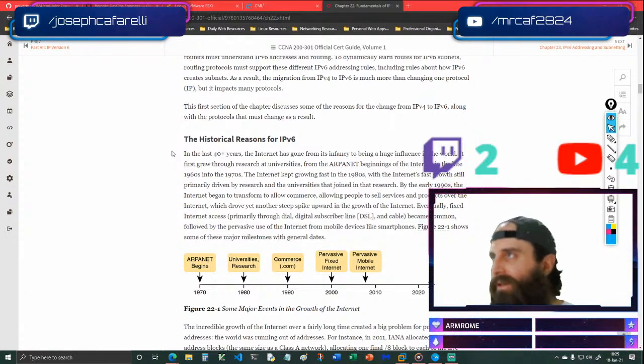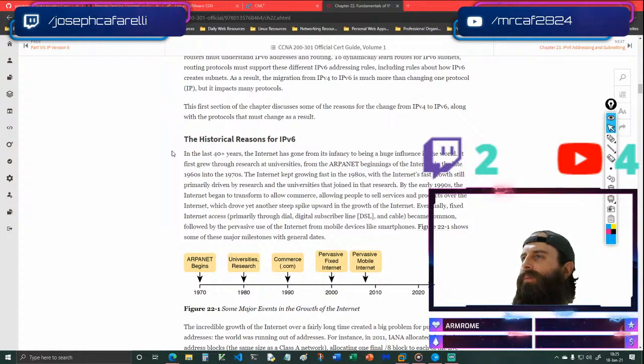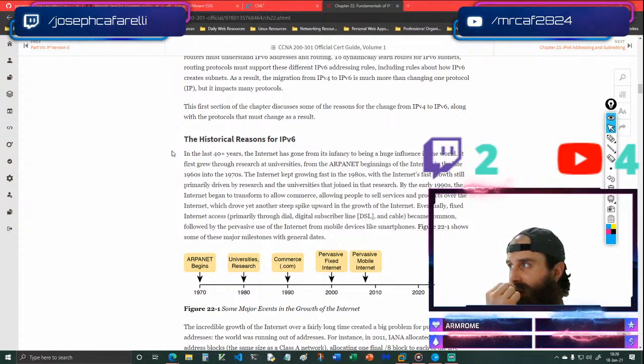All right. In the last 40 plus years, the internet has grown from its infancy to being a huge influence in the world. It first grew through research at universities from the ARPANET, the beginnings of the internet in the late 60s and 70s.